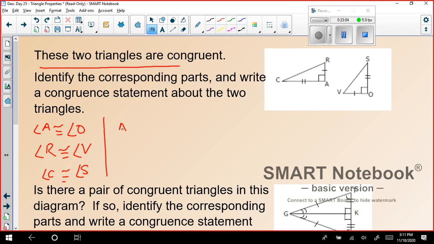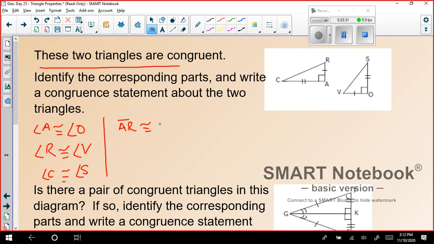They are AR, though they have not given all the corresponding congruent sides here, but they have mentioned here, so therefore we can write these two. They have not pictorially given angle R is congruent to angle V, nor angle C is congruent to angle S.